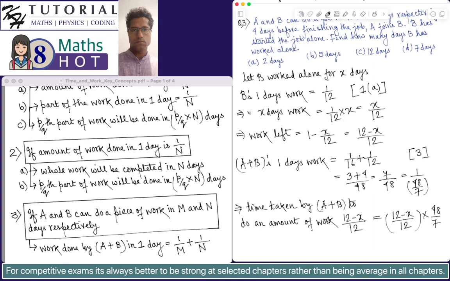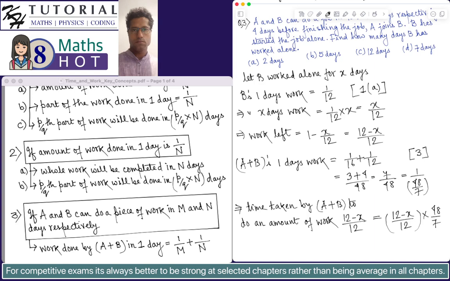So over here the work left was 12 minus x by 12th part of the work. So this part of the work will be completed in 12 minus x divided by 12 multiplied by n days.